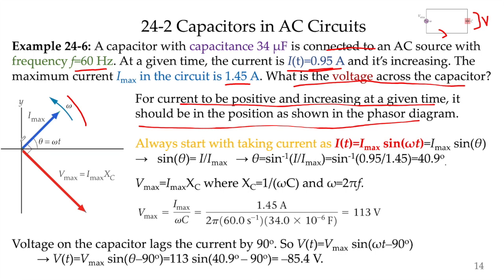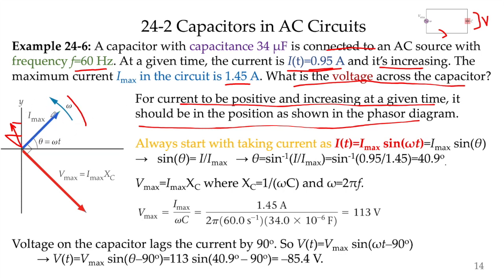If the current was like this, it will be positive, but because it's rotating, the y component will be decreasing. But here it says the current is a positive number, and it's increasing. So it should definitely be in the first quadrant here.